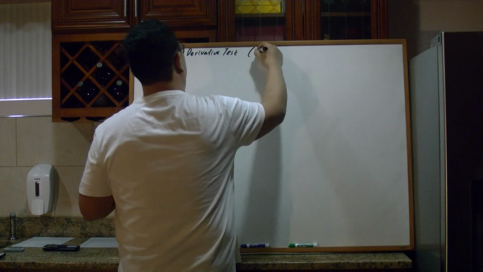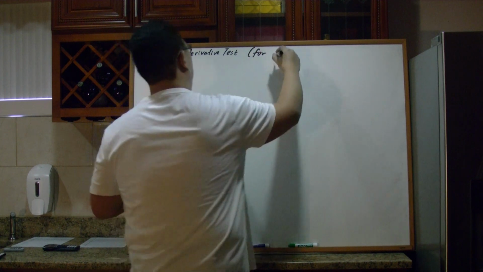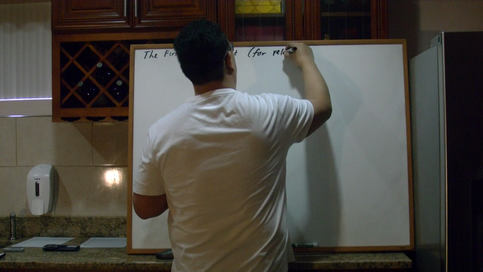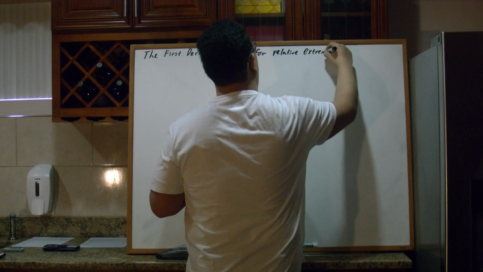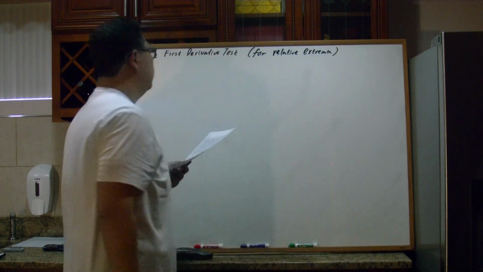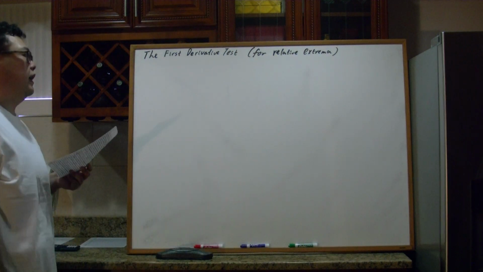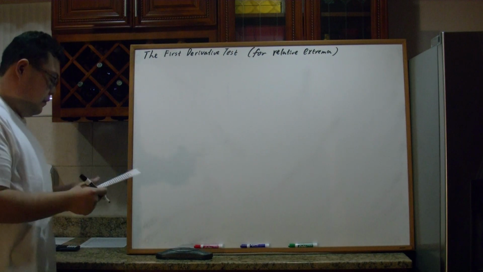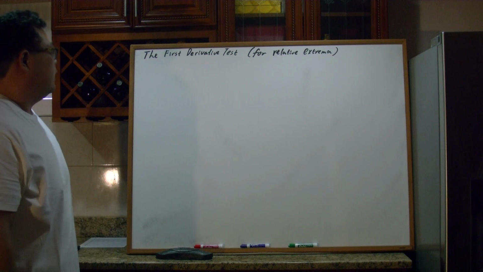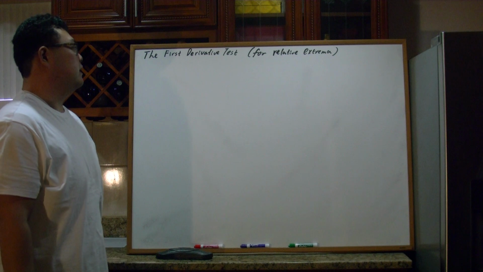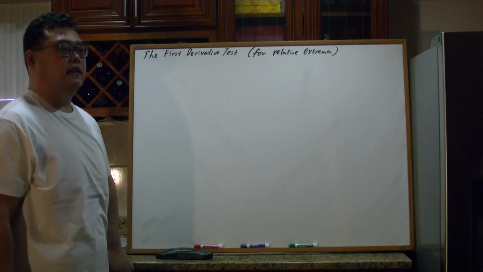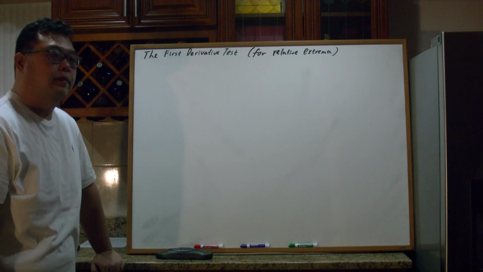The first derivative test is testing for relative extrema to be specific. Right? The derivative test is always testing for the extrema. It means we use the first derivative to find the extrema.